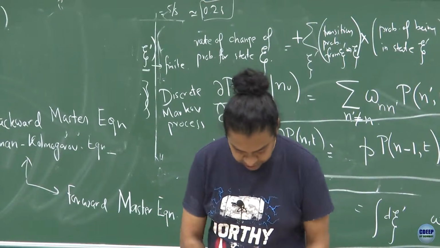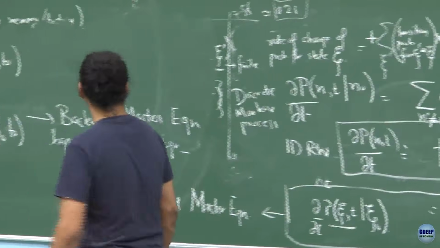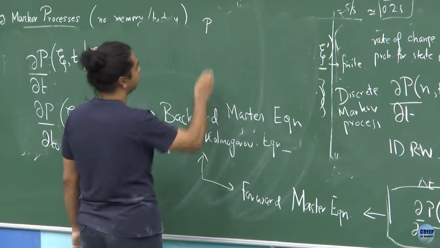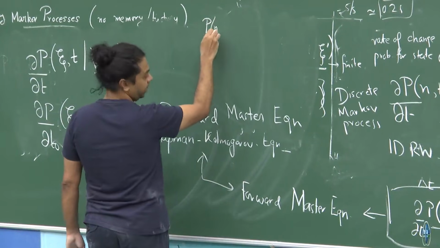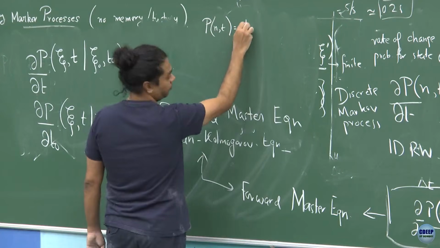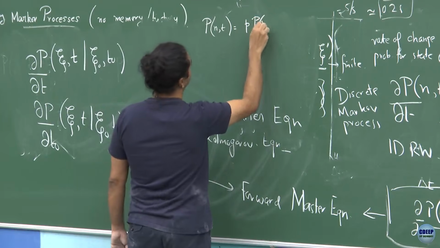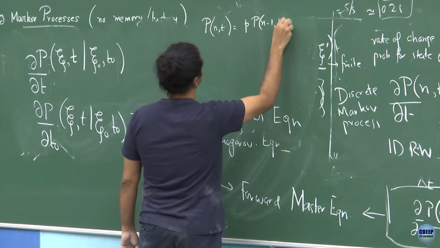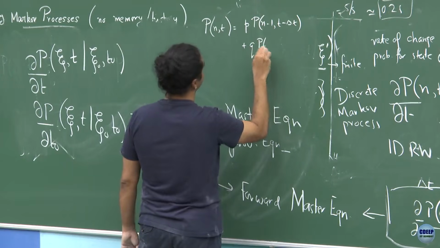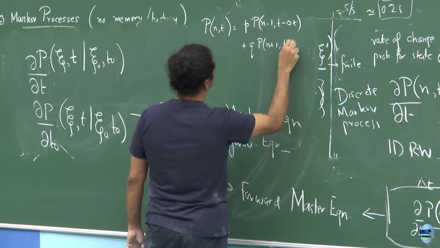Again, if I just go back to the random walk for a bit, P n at time t was P of n minus 1 at time t minus delta t plus Q P n plus 1 at time t minus delta t.